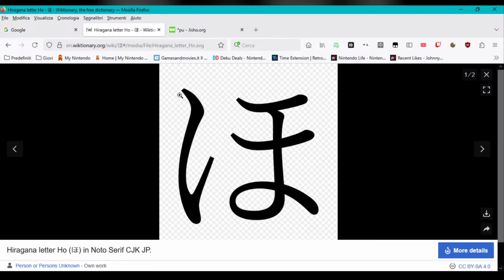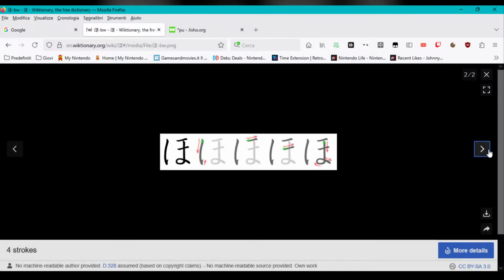Left to right globally, top to bottom, left to right, and top to bottom with the circle. Left to right, top to bottom with the circle. As you can see also here, top to bottom, left to right, and top to bottom with the circle.